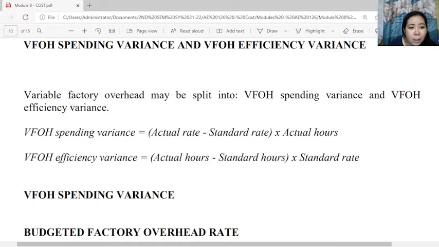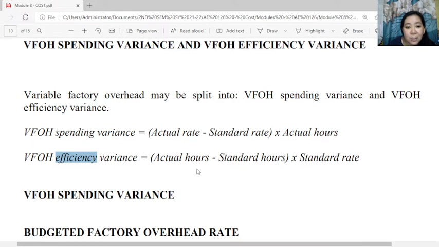Now, in terms of efficiency or volume variance, the formula will be actual hours minus standard hours, and then we will multiply it with the standard rate. So in this case, when we say efficiency or volume, we are talking or relating to the number of hours spent.